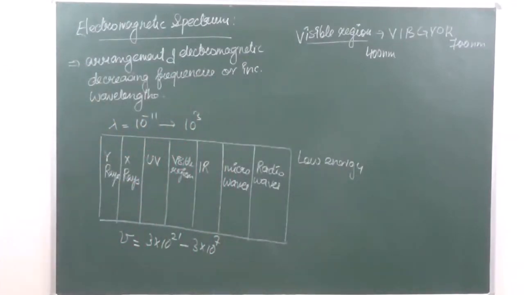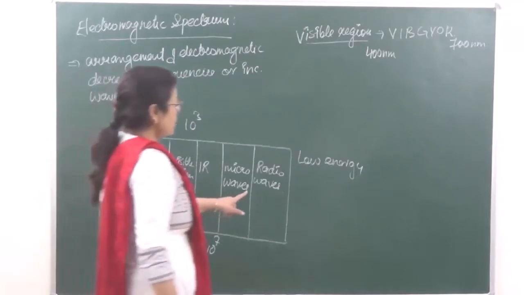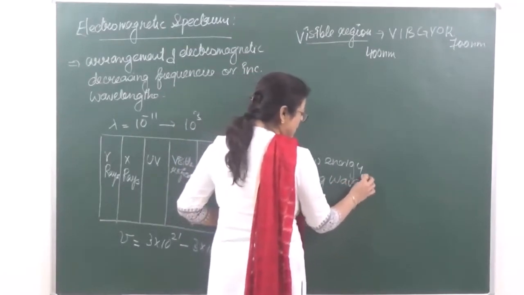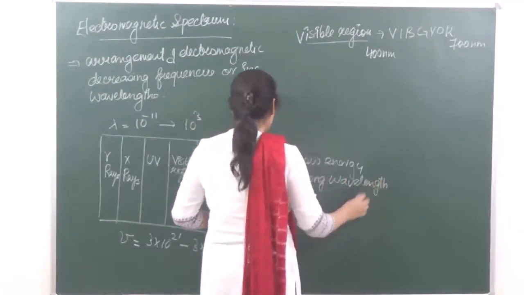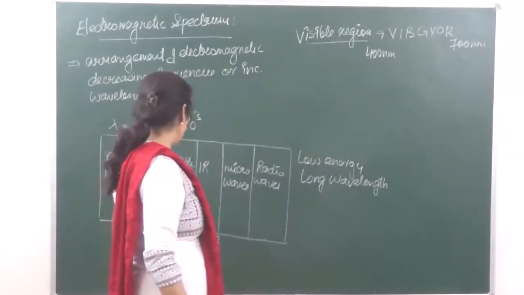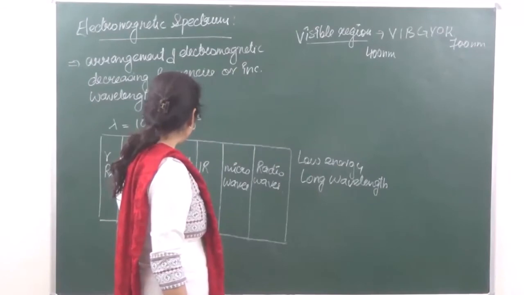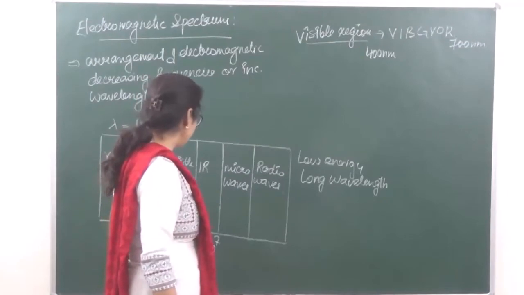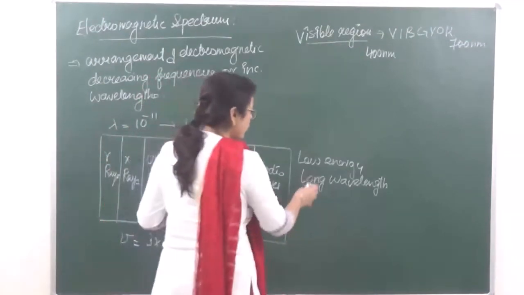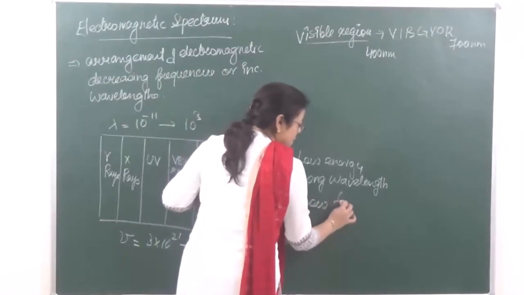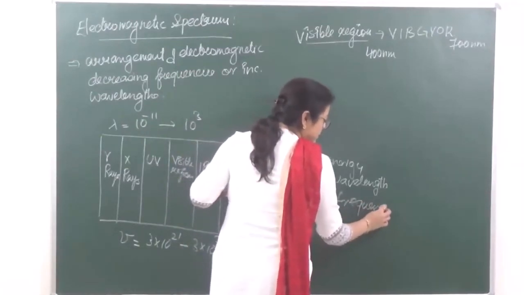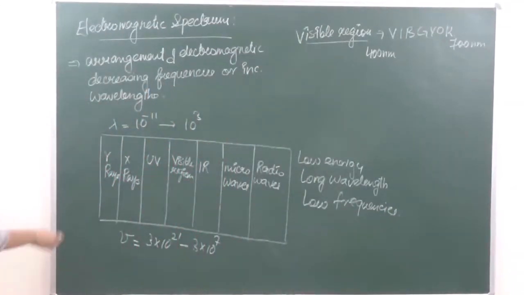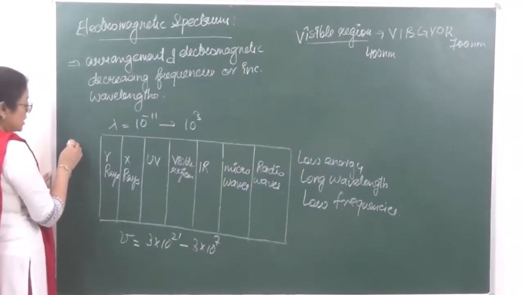They have long wavelength, and also they have low frequencies. We are going from 3 into 10 raised to power 21 to 3 into 10 raised to power 7, so they are going to have low frequencies, right? Whereas when we are talking of gamma rays, they are rays of high energy.